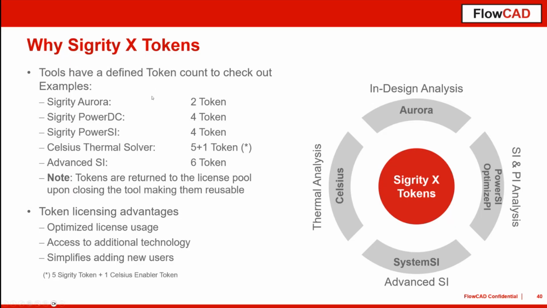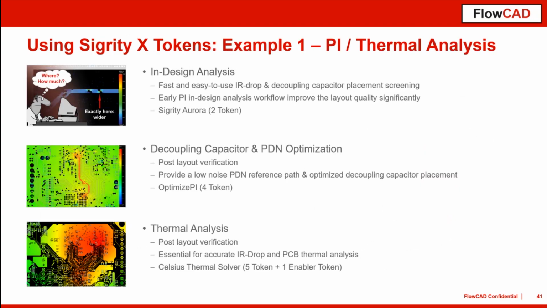For example, 2 times Aurora, or even PowerDC, OptimizePI, PowerSI, and so on. I think that is a very easy and powerful way to use the complete available products at different time stages. And that hopefully helps you also to bring up your designs in a more reliable way.